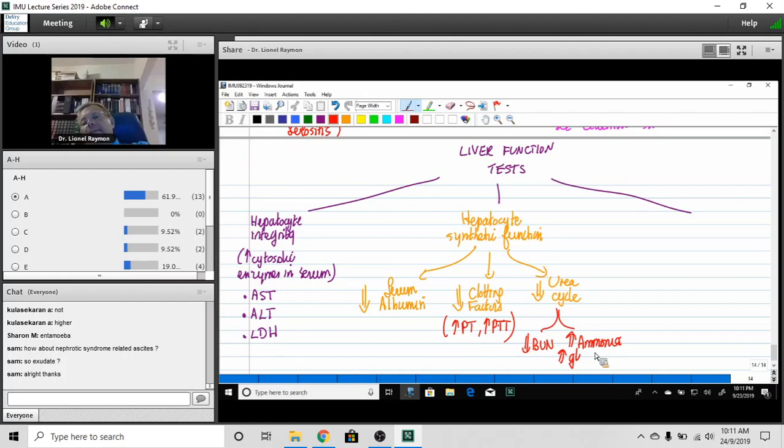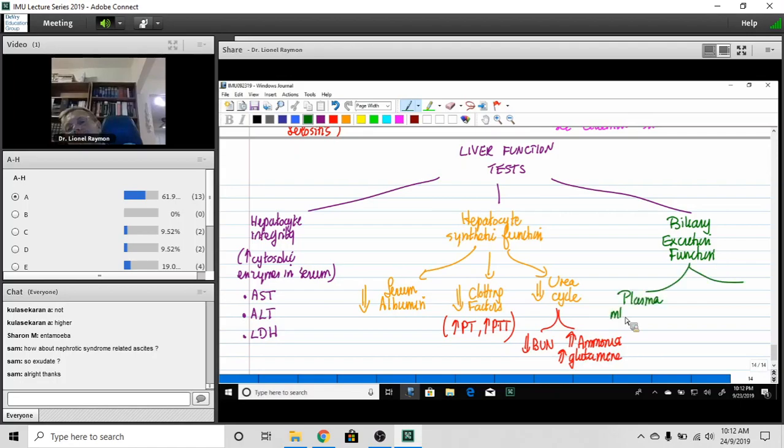The third aspect of liver function test is to check out biliary excretion. And biliary excretion function, there's two broad types of data to find, well, plasma membrane enzymes and to find them elevated in the blood. So plasma membrane enzymes to check for damage.